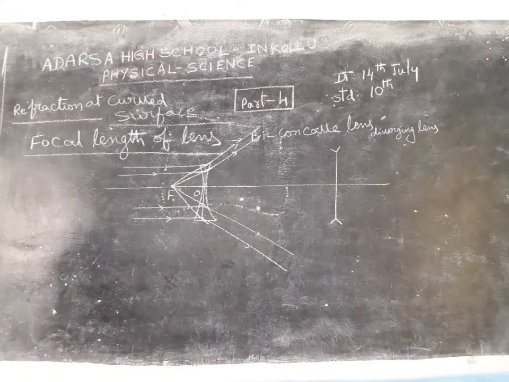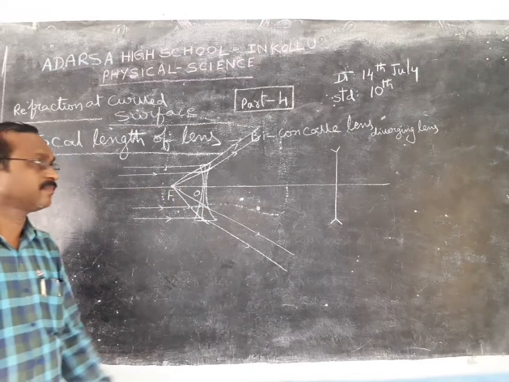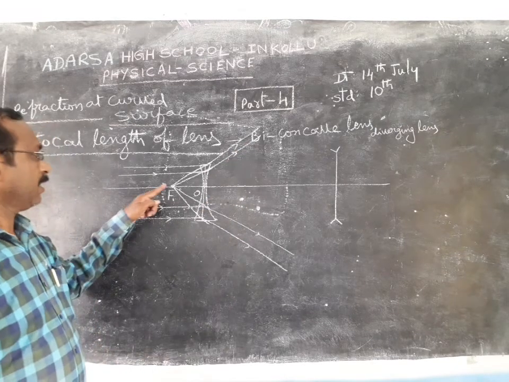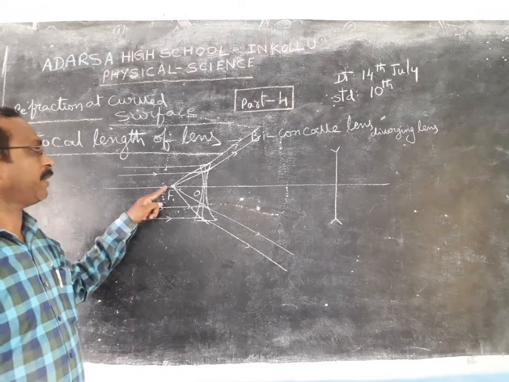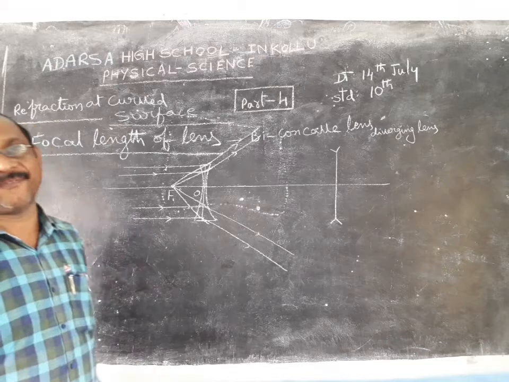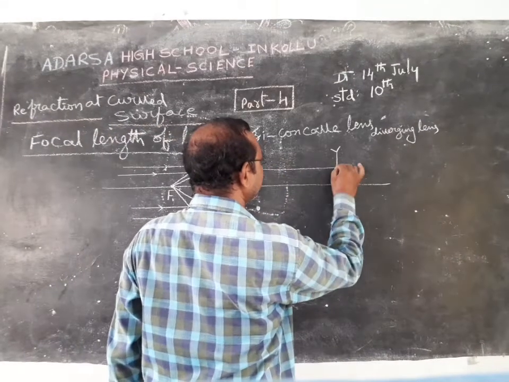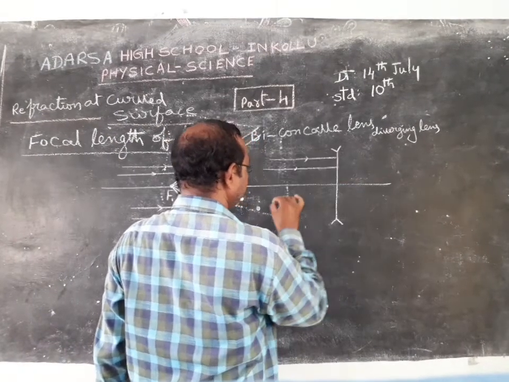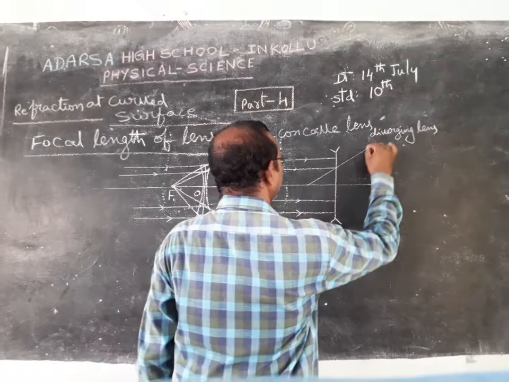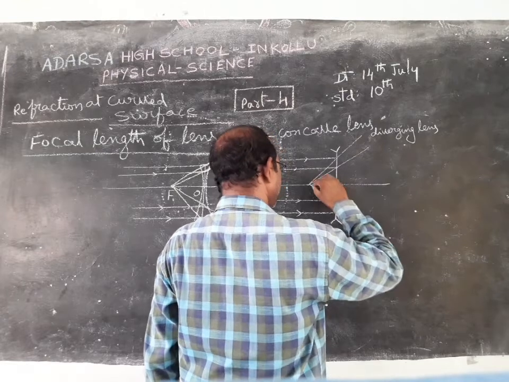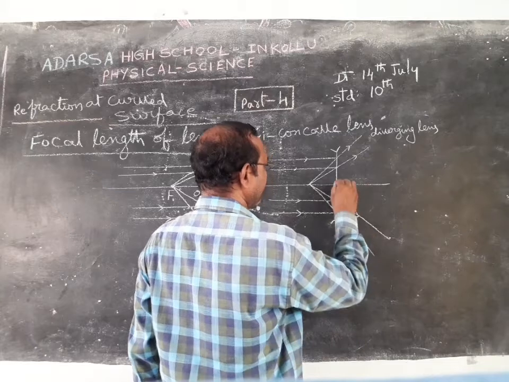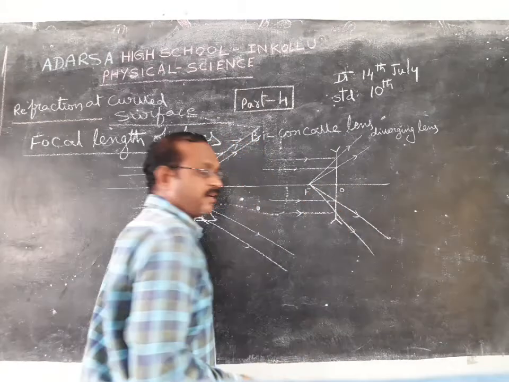That is F1. The diverging rays appear to be coming from one point on the principal axis. That's why that is the focus. In this one also the same. It is the O, it is the F.